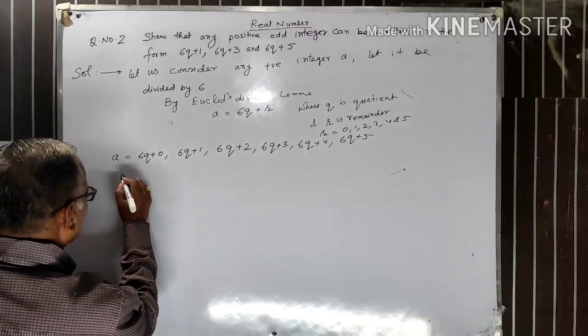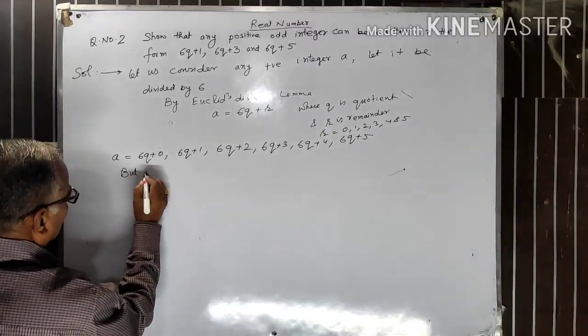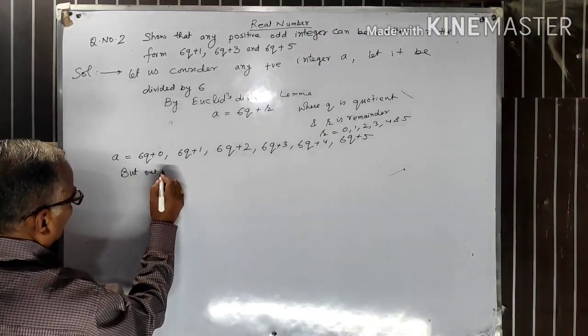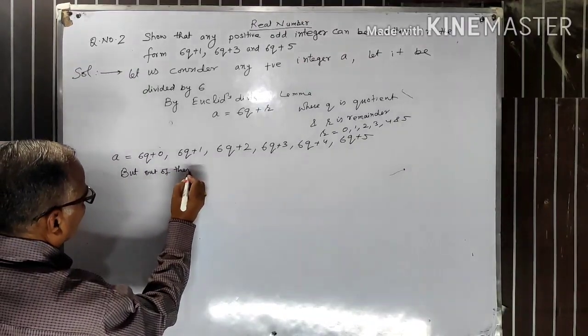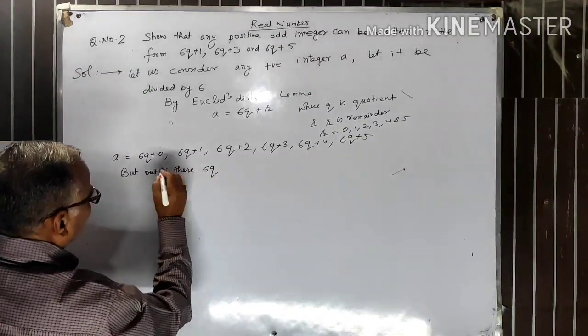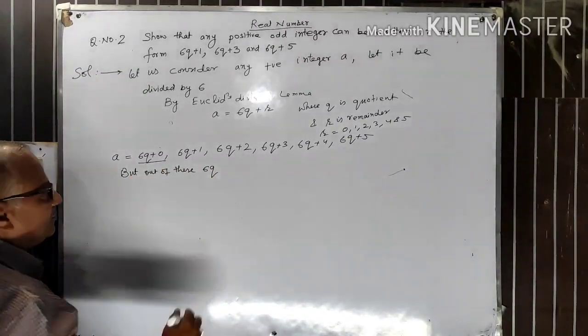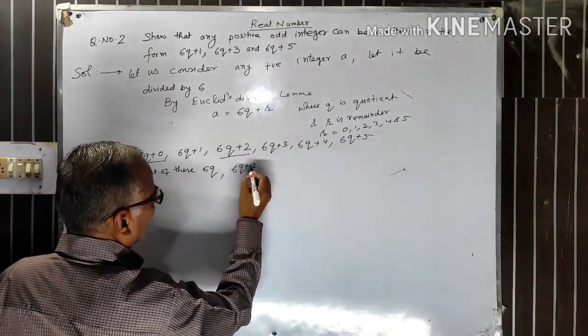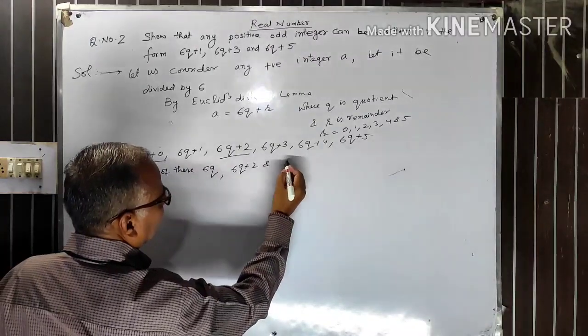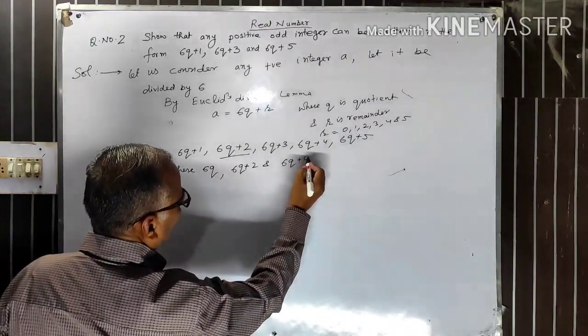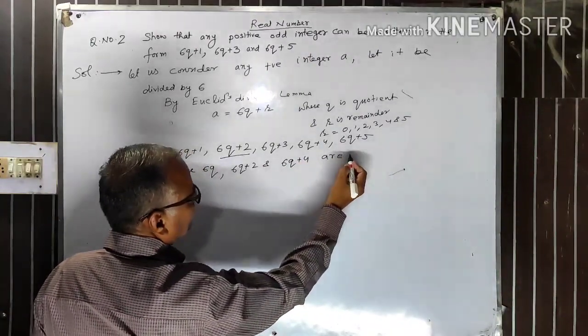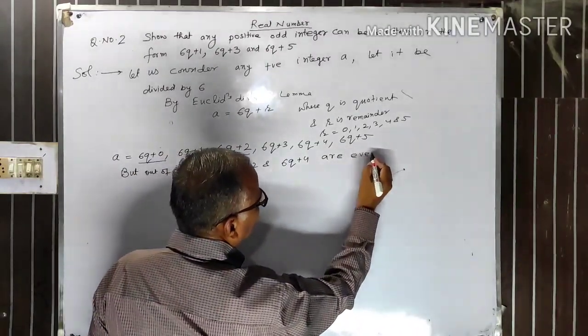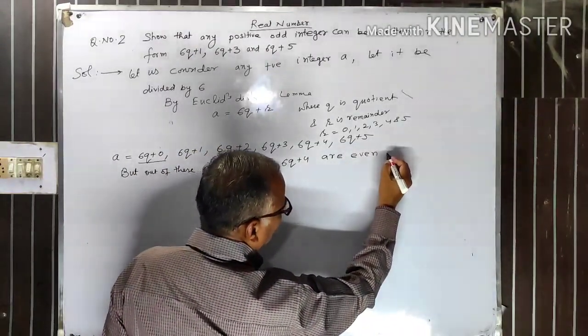But out of these, 6q plus 0 means 6q, 6q plus 2 and 6q plus 4 are even positive integers.